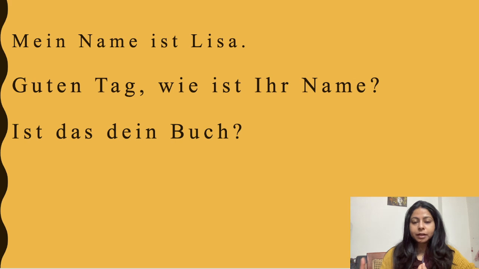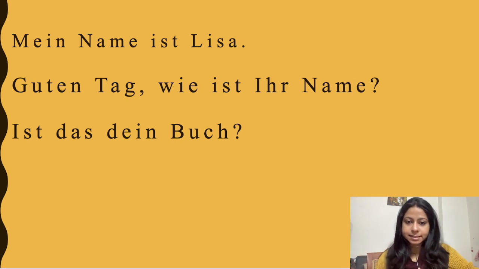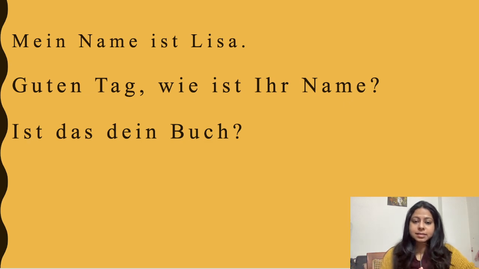For example, mein Name ist Lisa. Guten Tag, wie ist Ihr Name? Ist das dein Buch? So we have already learned personal pronouns in nominative case in lesson 13. If you have not watched that video, please go and watch that video. Today we are going to learn possessive pronouns in nominative case.